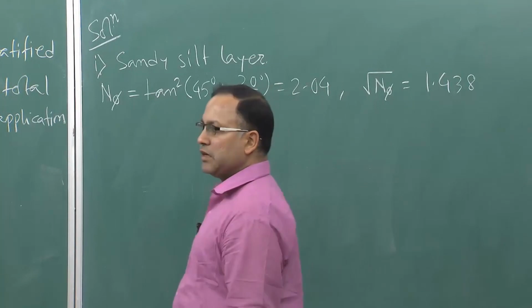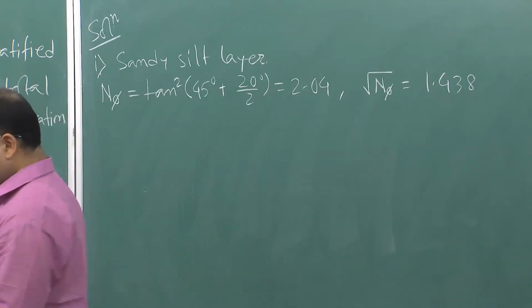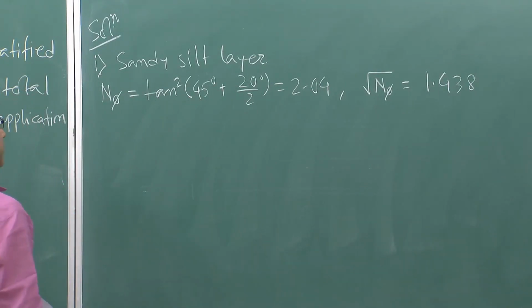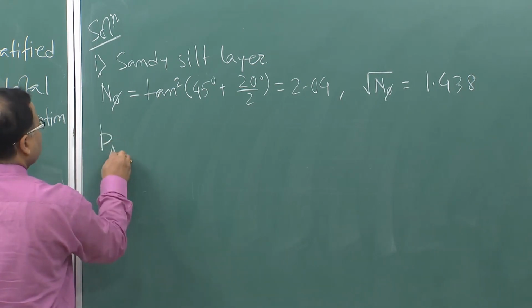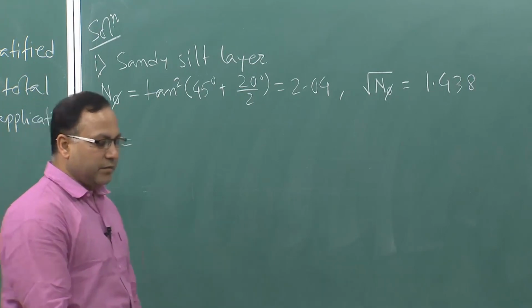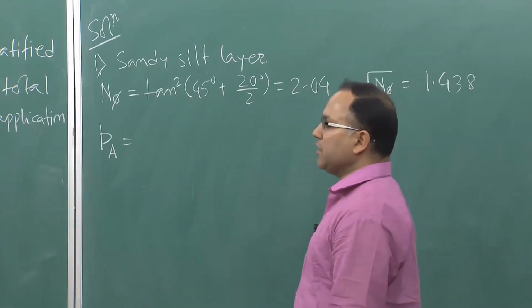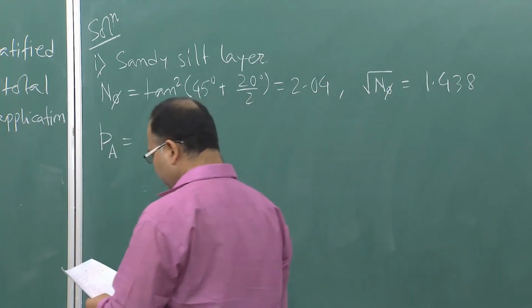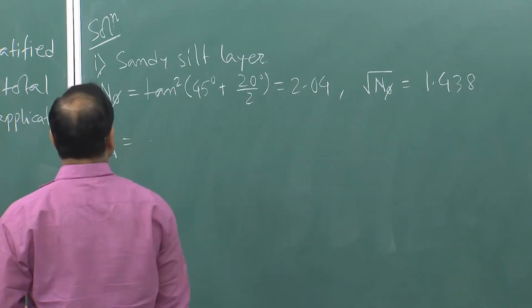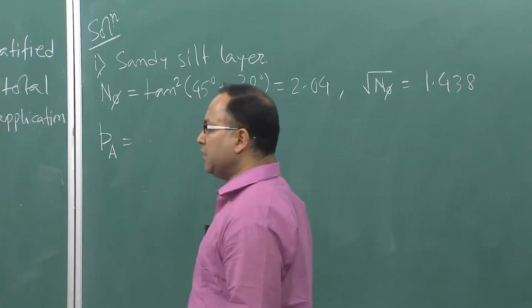So, these things we can calculate beforehand, before going to the actual analysis. Okay. So, therefore, PA, that means the active earth pressure at point A, that means at the top of the wall. So, what is the magnitude of PA?